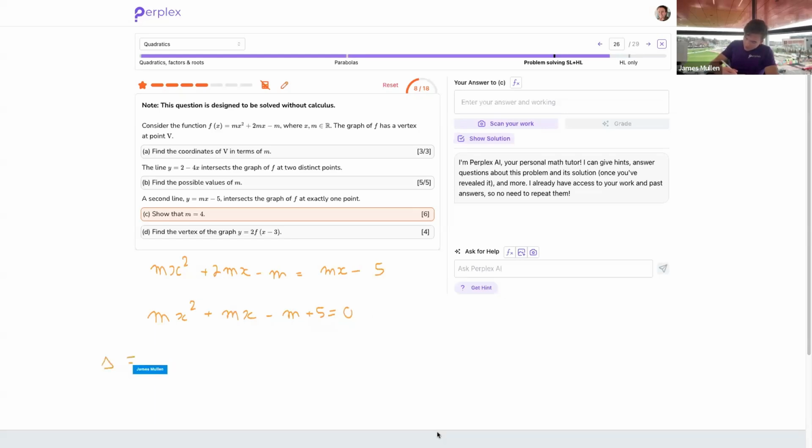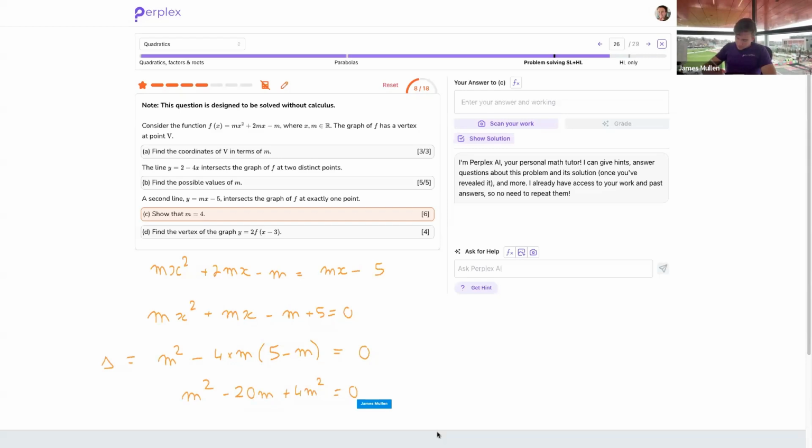This has delta equal to m squared minus 4 times m times (5 minus m), and delta is supposed to be equal to 0 because I have one solution. Okay, so here I have m squared minus 4 times m times 5 is minus 20m, and then minus 4 times m times negative m is plus 4m squared is equal to 0.